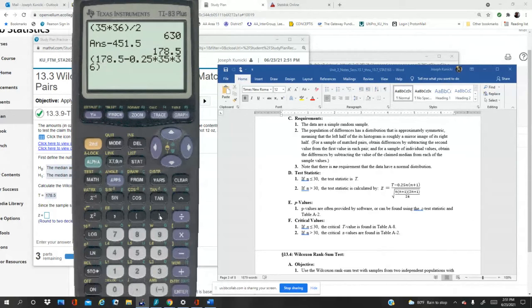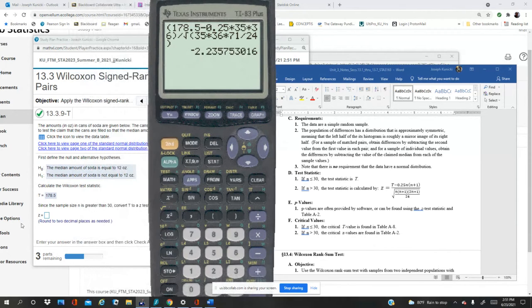That's the numerator. The denominator is the square root of n, which is 35, times n plus 1, which is 36, times 2n plus 1, which is 2 times 35 plus 1, or 71, divided by 24. Here's my z-stat. Oops, I have too many parentheses. My bad, I always add extra parentheses. So the z-stat to 2 decimal places is minus 2.24.